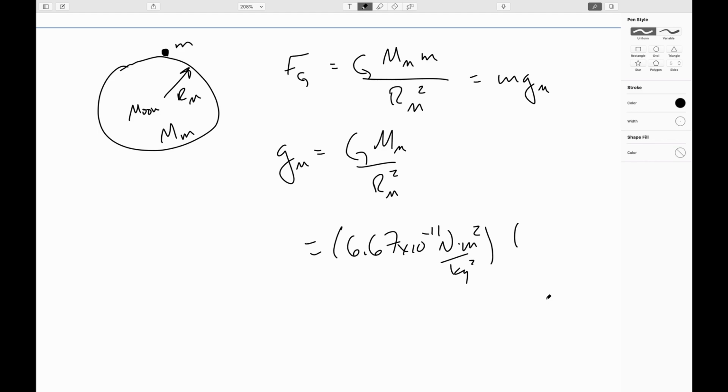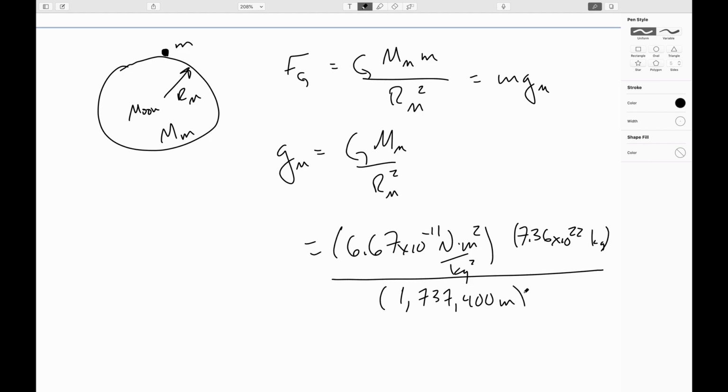That will be the mass of Saturn later. The mass of the moon is a much more reasonable 7.36 times 10 to the 22 kilograms. And the radius of the moon is 1,737.4 kilometers, or 1,737,400 meters.